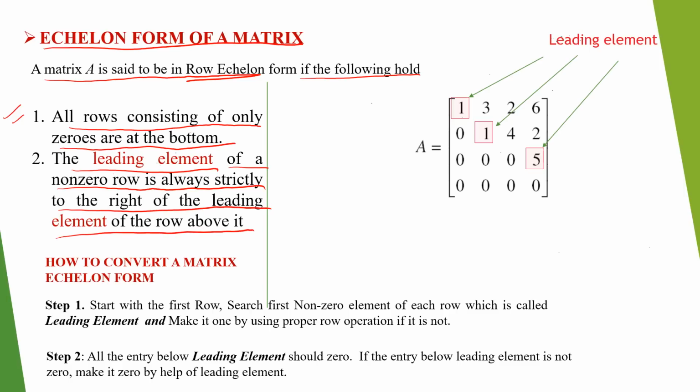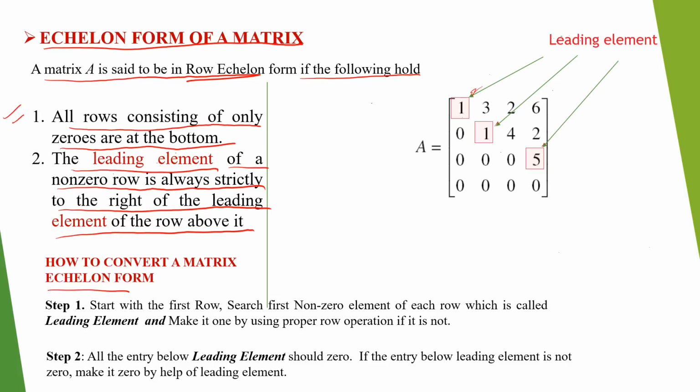So the first non-zero element of the row, if we make it 1, that is called the leading element. So these are the leading elements, we can say. So how to convert a matrix into Echelon form?